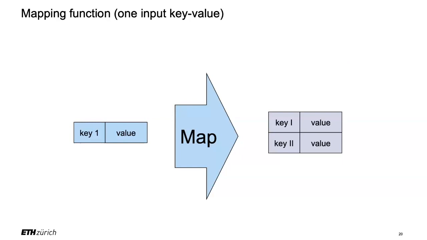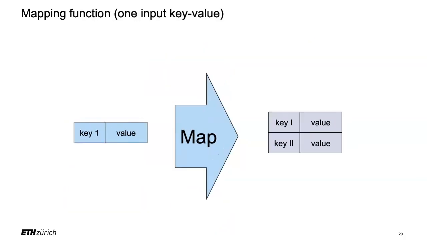And the next thing that we do is that we apply some mathematical function called the map function to each input key value pair, each one of these billion key value pairs. We apply it and we obtain 0, 1, or more intermediate key values like this. It can be 0, it can be 1, it can be more, very generic.